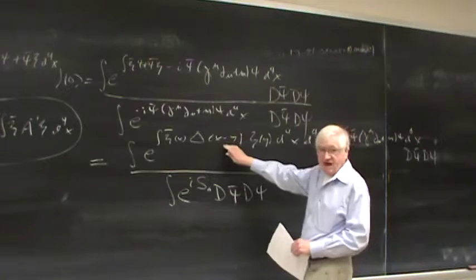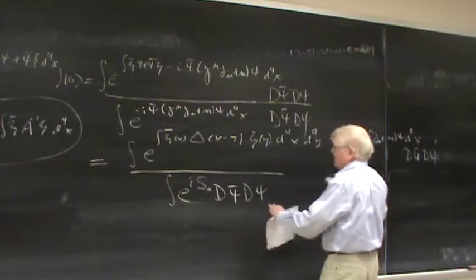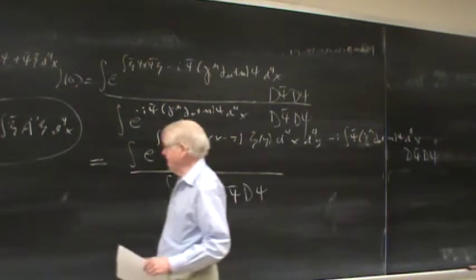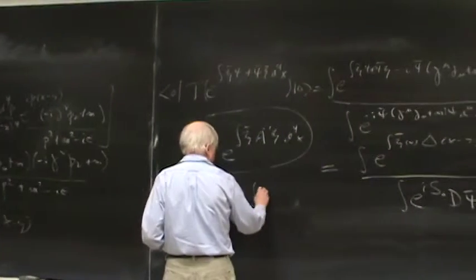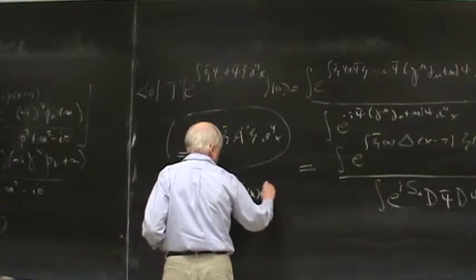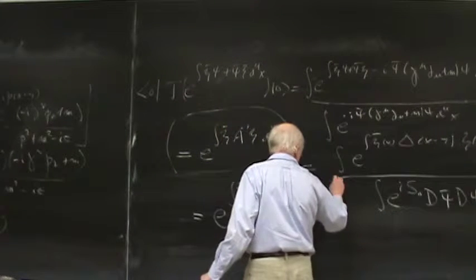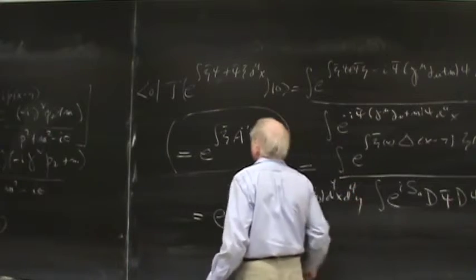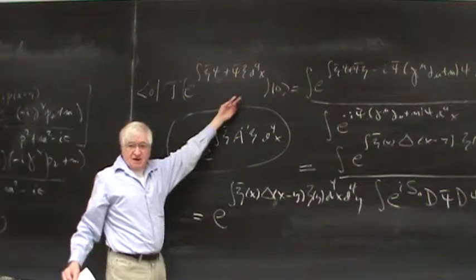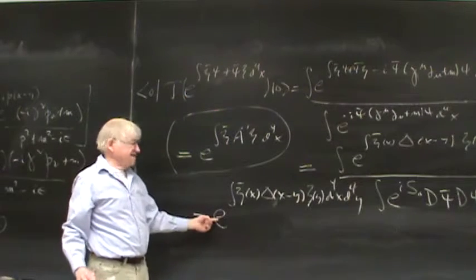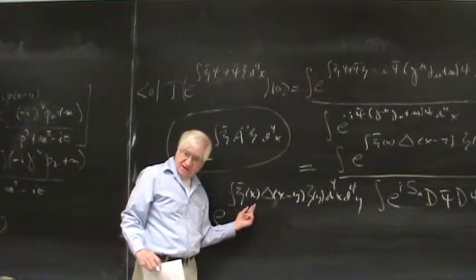Well, there's no psi and psi bar in here. This is exactly the same as that, and so all of that stuff cancels. The big path integrals cancel, and we're just left with e to the integral zeta bar of x, delta (x minus y), zeta y, d4x d4y. So this time-ordered product with these Grassmann currents is then just a simple exponential of Grassmann currents.